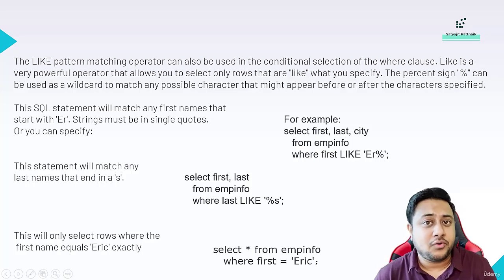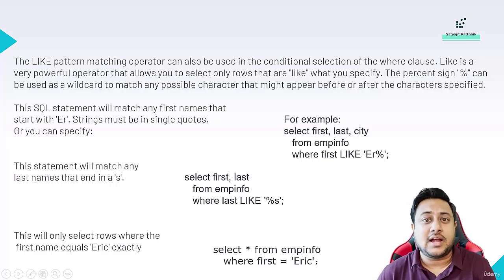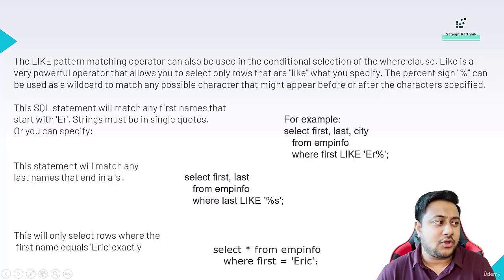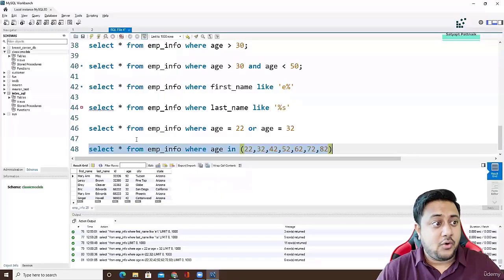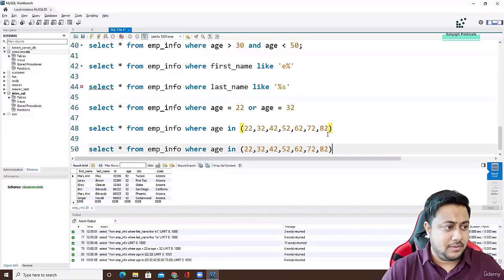LIKE is a very powerful operator that allows you to select only rows that are like what you specify. The percent sign can be used as a wildcard to match any possible character that might appear before or after the characters.